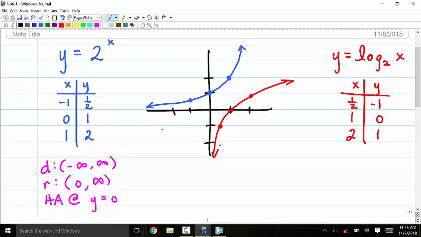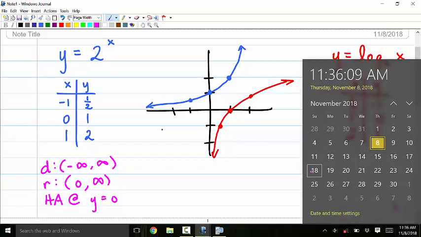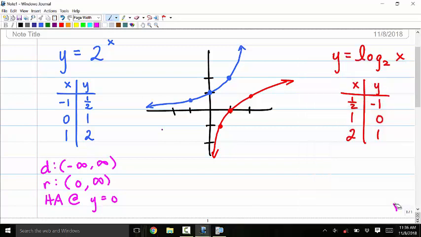So for the red, what is my domain for the red function? 0 to infinity. My domain for the red function is 0 to infinity.